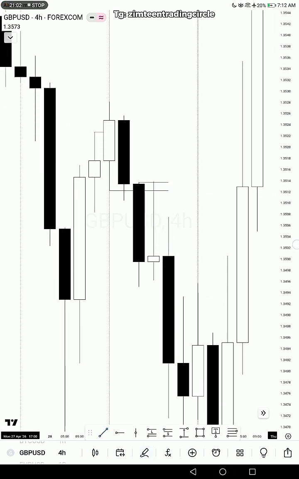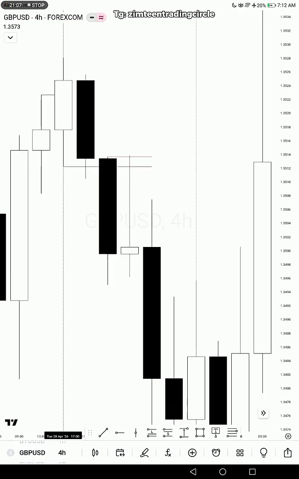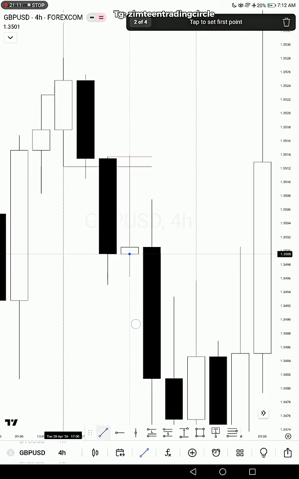159 entry model, and where should be our first draw on liquidity? Our first draw on liquidity should be this low right here. Don't think of this immediately. The candle that manipulated either the low or the high of that candle should be your first draw on liquidity, aligned to the order flow.